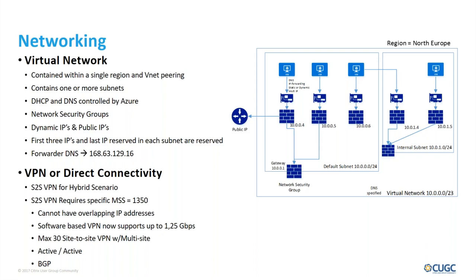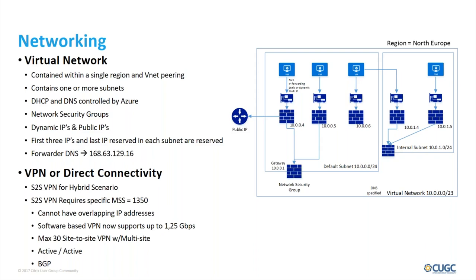But you also have different connectivity functionality you can use for a hybrid scenario. So you can use site-to-site VPN, using software VPN gateways, which you can set up with any type of VPN appliance or firewall, or you're just using Windows Server with remote access installed.